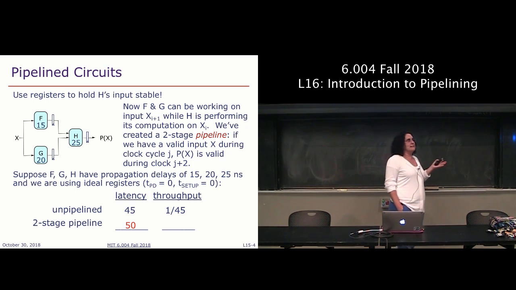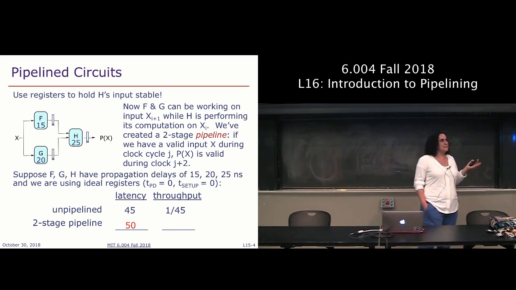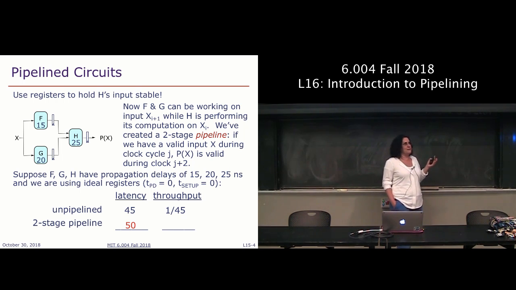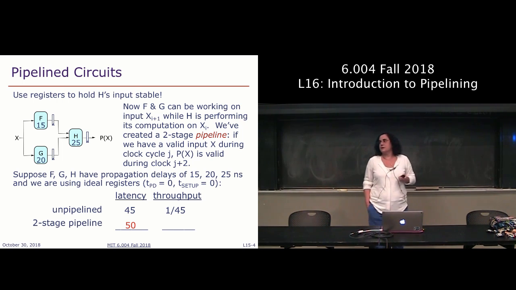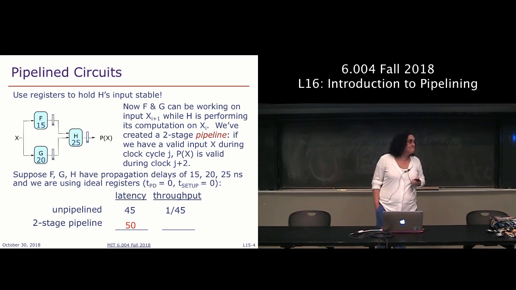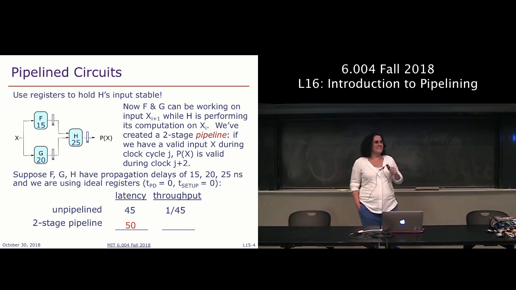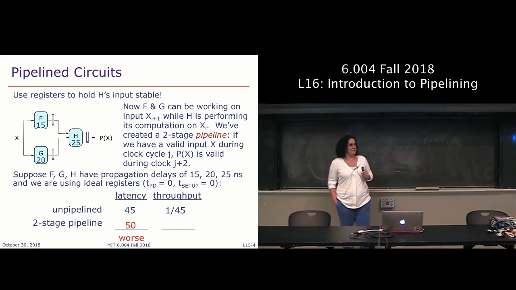So far, we've seen that in this pipeline circuit, my latency is actually a little bit worse than in my combinational circuit. But now let's take a look at our throughput. What's the throughput of this circuit going to be? Say that again? 1 over 25. 1 over 25, exactly, and that's the key, okay?